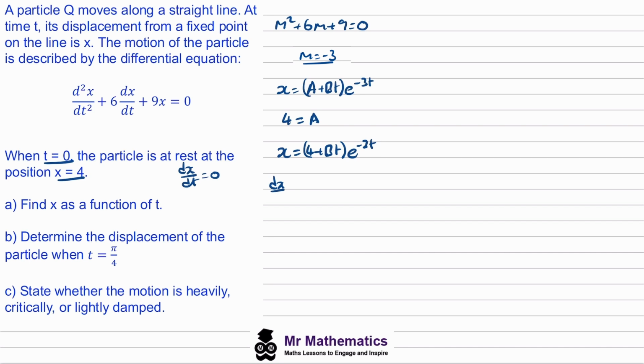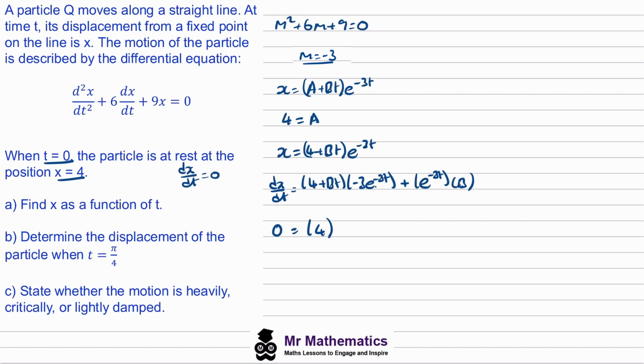So dx by dt will be u times dv, which is negative 3e to the negative 3t, plus v times du. The constant will go, the t will go, so we're just left with b. Then if we substitute in our values, dx by dt is 0. We know t is 0, so this will just become 4.